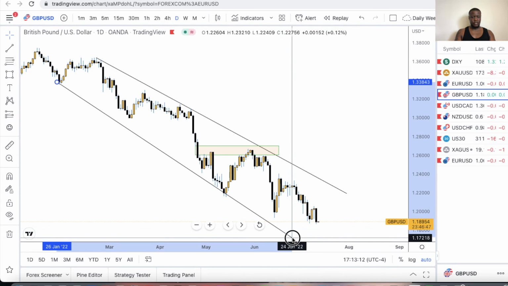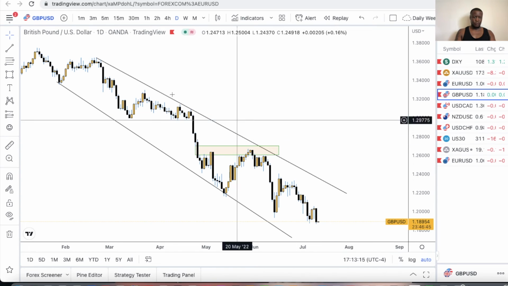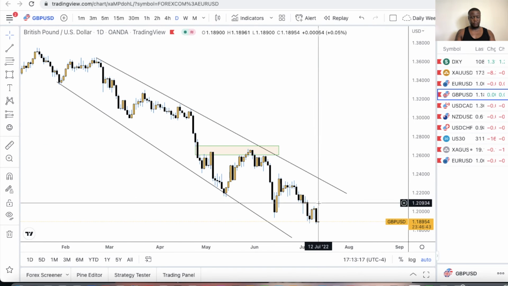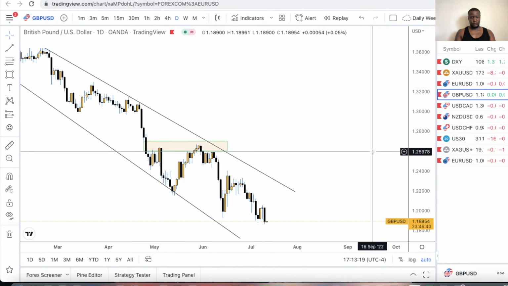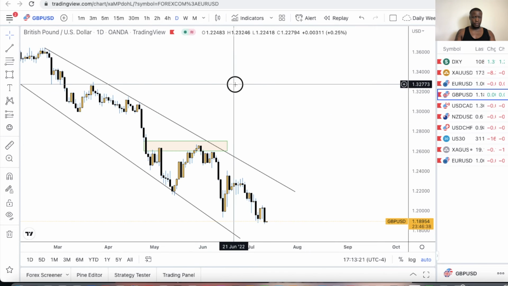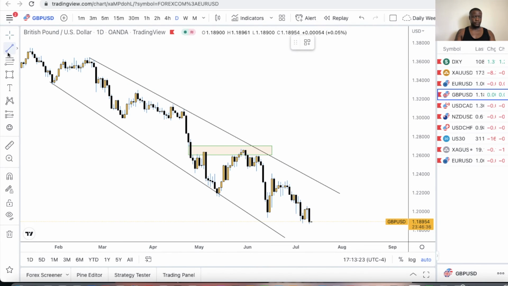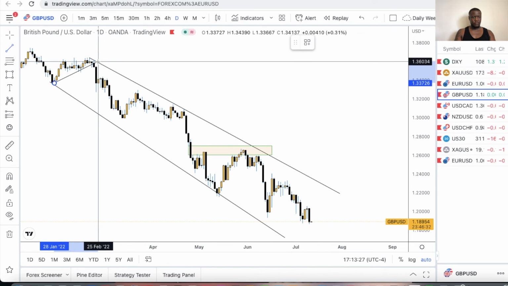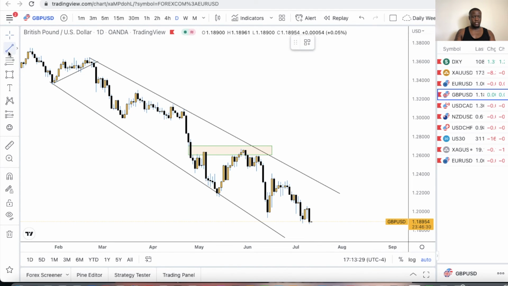So it's not that clean, but we do got a channel going on right here. Yeah, that's pretty much it for trend lines. And counter trend lines, of course, you can see it broke the counter trend line, so you know that price is going further. Every time it's going lower and lower.